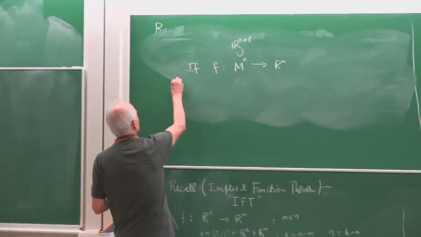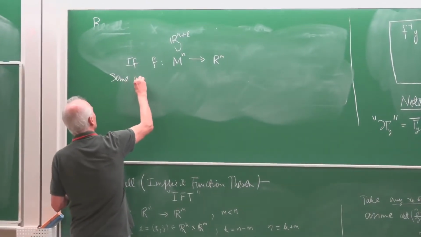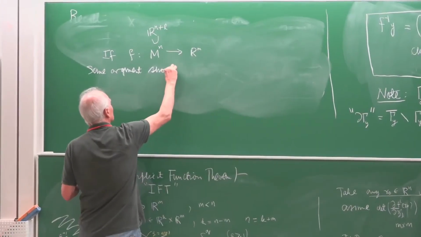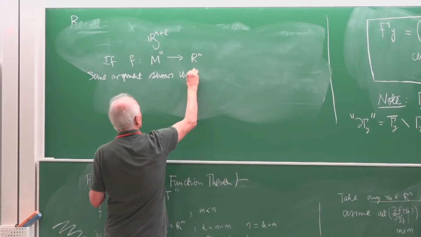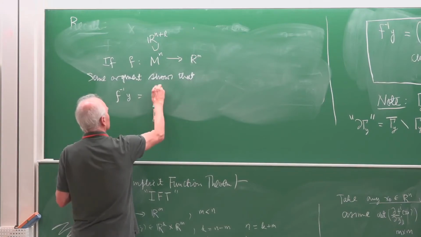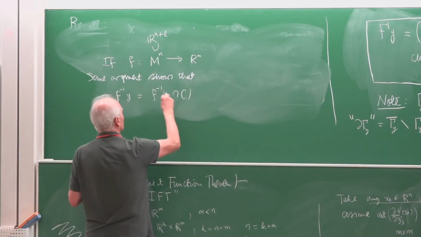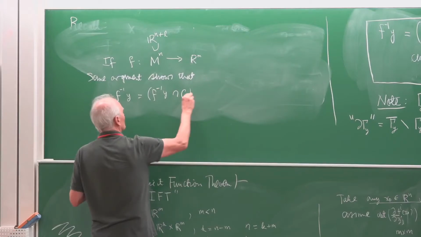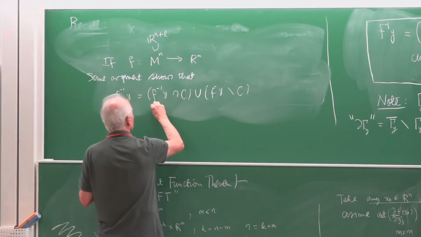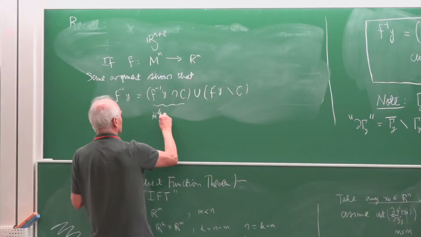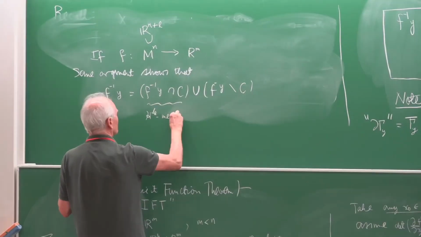The same argument shows again that f^-1(y) intersect C is H^k measure 0 for L^m almost every y.